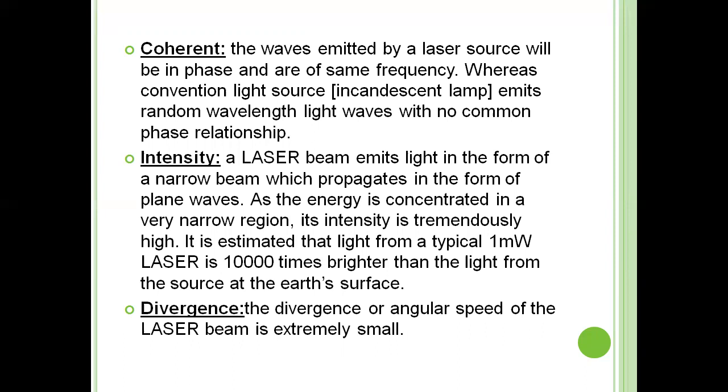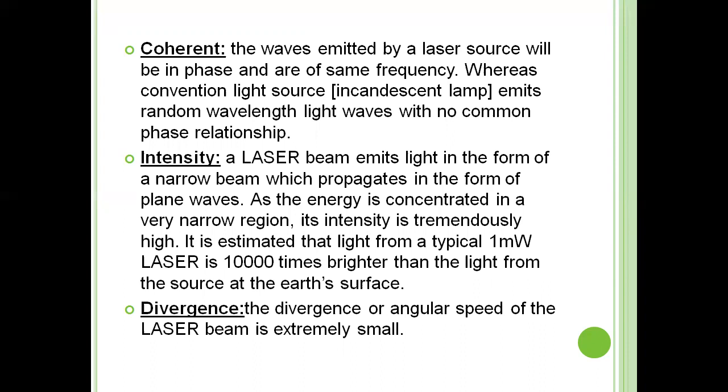It is estimated that light from a typical 1 milliwatt laser is 10,000 times brighter than the light from the sources on the Earth's surface, which means that a laser source with a typical power of 1 milliwatt will produce 10,000 times brighter light than the sources we use on the Earth's surface.